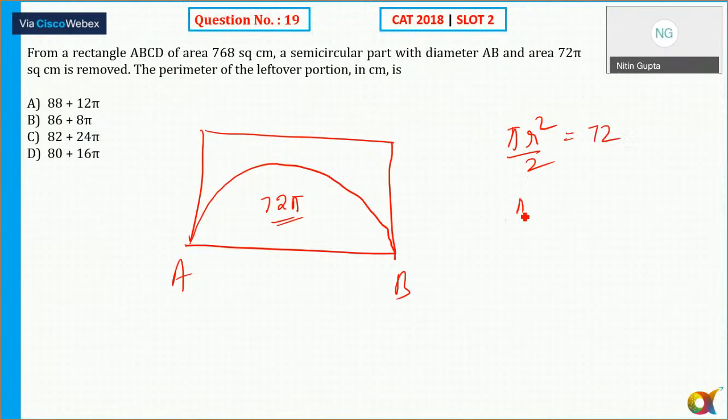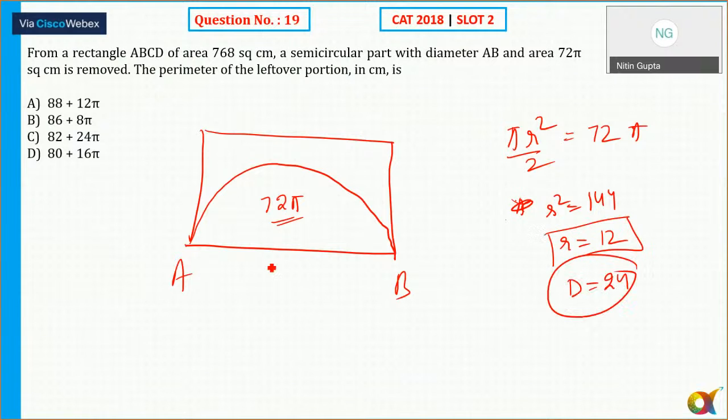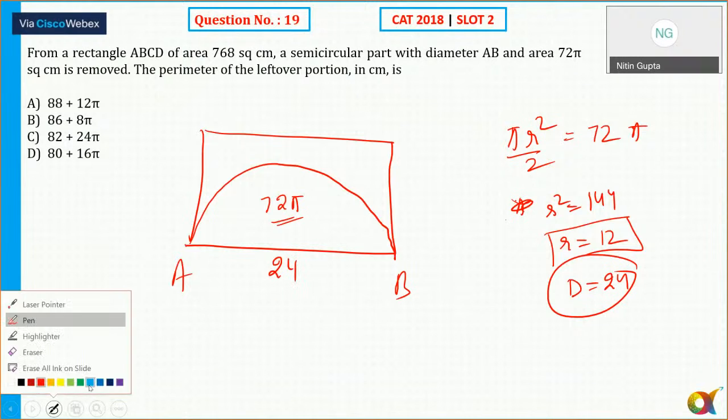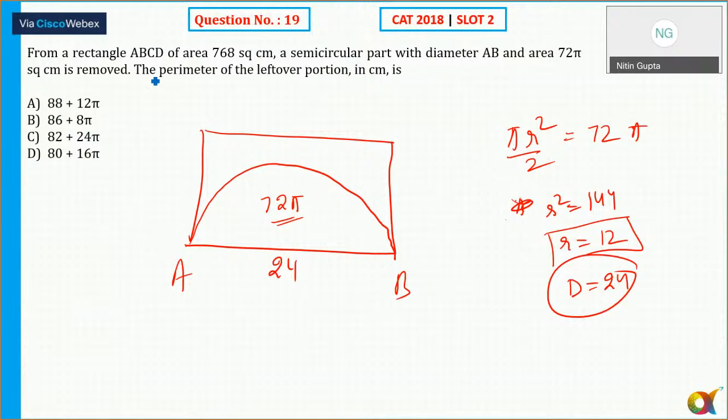So from here I'll get r square is equal to 144. So r is equal to 12. And if r is equal to 12, the diameter is equal to 24. So the length of AB is 24. Now we also know that the area of the rectangle is 768.